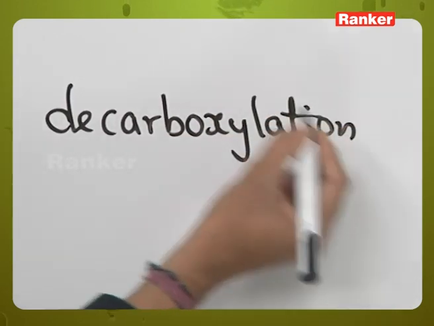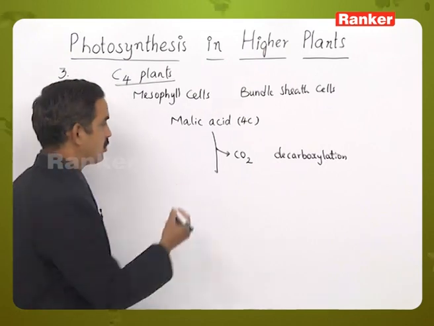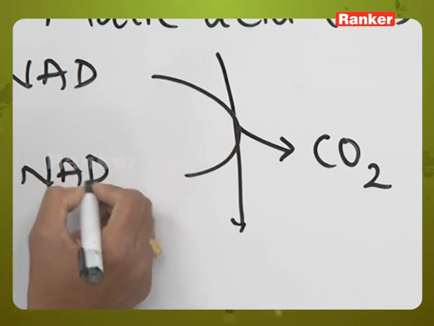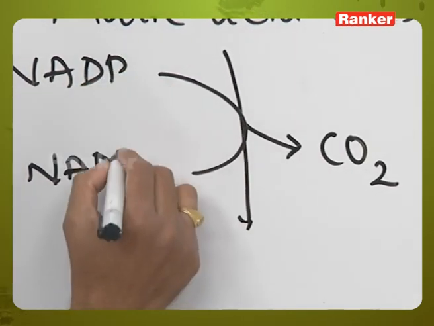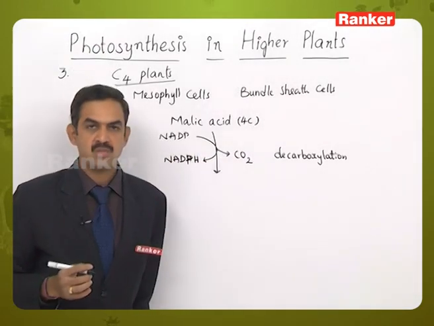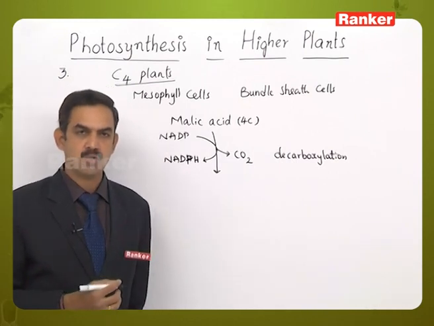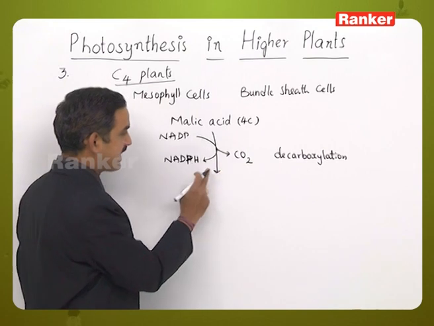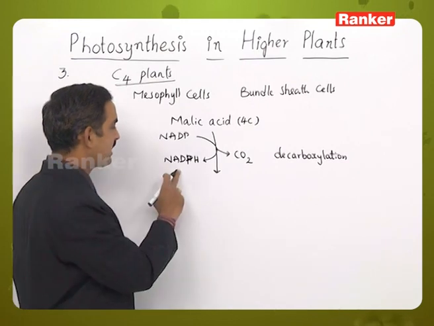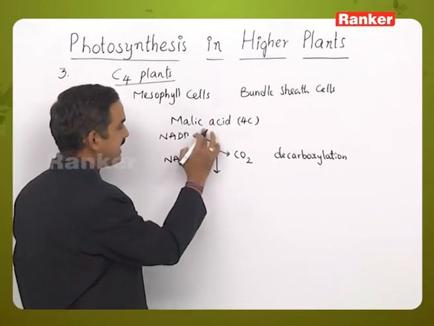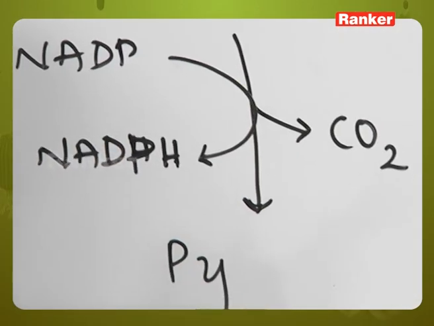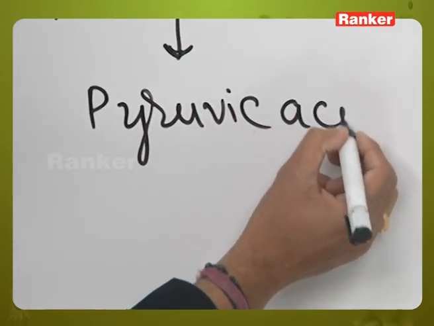At the same time, oxidation also takes place by loss of hydrogen, which we call dehydrogenation. So two steps are taking place, where NADP accepts a hydrogen lost from malic acid and is converted into NADPH. At the same time, malic acid loses carbon in the form of carbon dioxide, and it is converted into a 3-carbon compound called pyruvic acid.